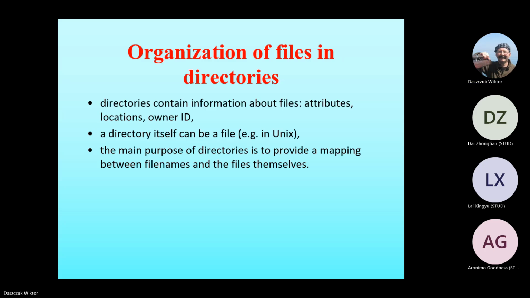So the engineers invented symbolic names that identify a given area on the disk. And those names should have been stored somewhere. So the natural solution was a catalog of files.